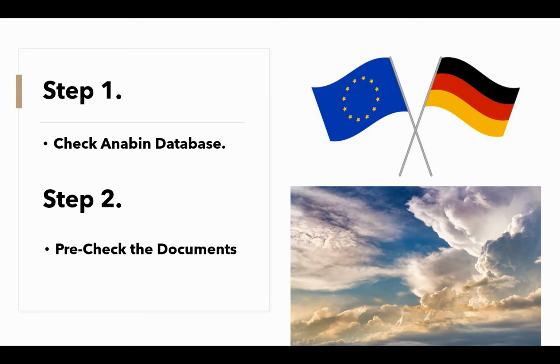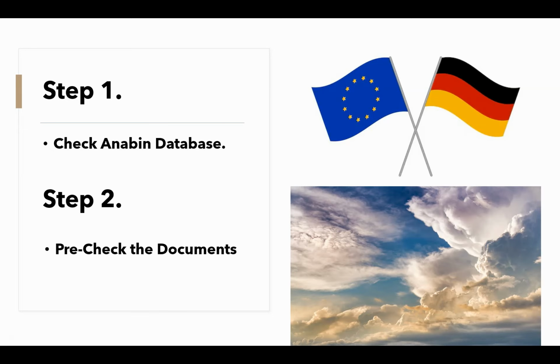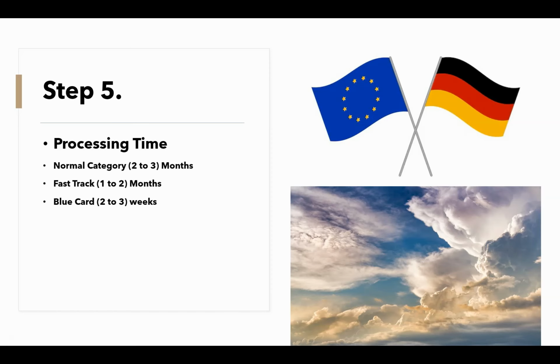Second step, if your degree is not on the database, come to step 2. Pre-check the documents. What documents do you need for ZAB comparability? Come to step 2 and check your documents. What documents do you need for the statement of comparability? Step 3, fill in your application form. Step 4, pay the application fee. And step 5, wait for your application.